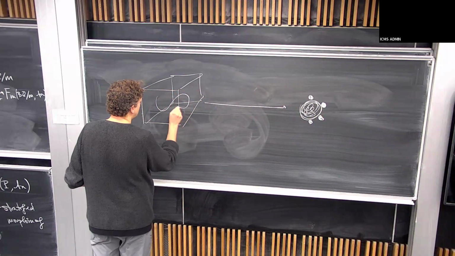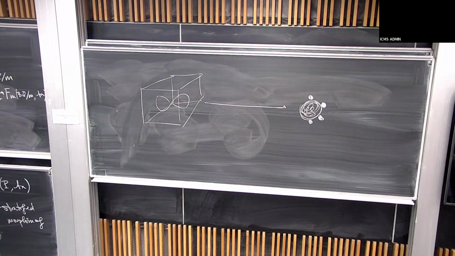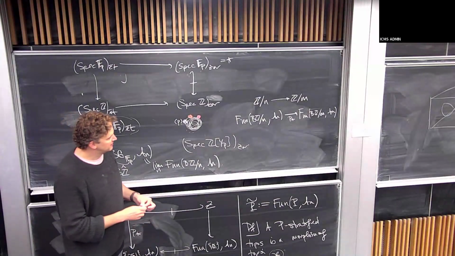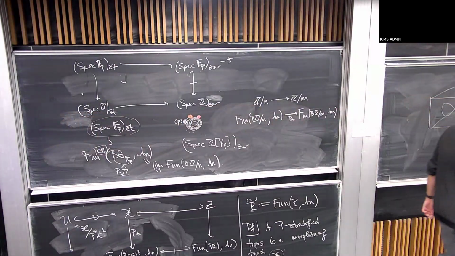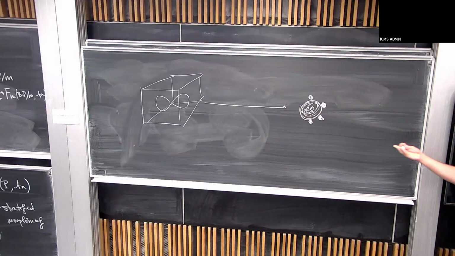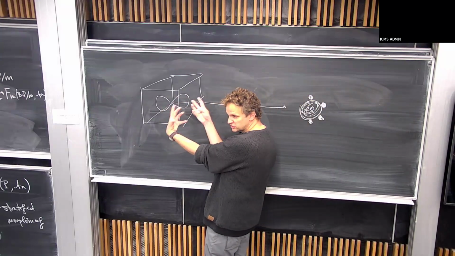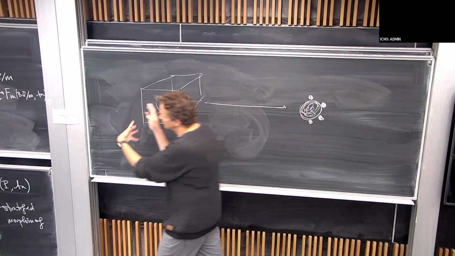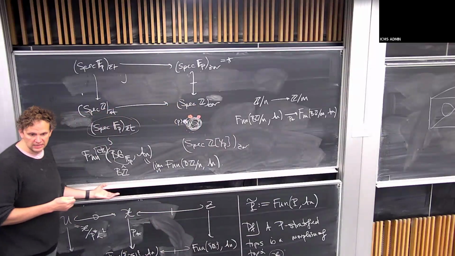I can't draw a knot, so I'm just going to draw the unknot. These things are genuine knots in the sense that they're embedded as closed subtopoi, and they are themselves as close to S1s as our profinite brains will allow.